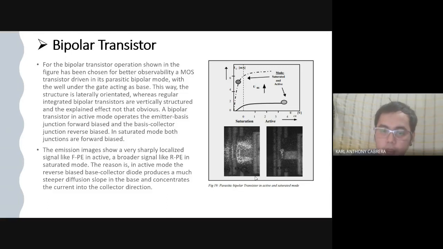The reason is that in active mode, the reverse biased base-collector diode produces a much steeper diffusion slope in the base and concentrates the current into the collector direction.